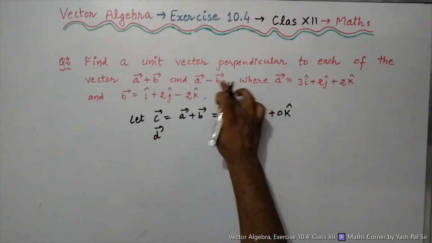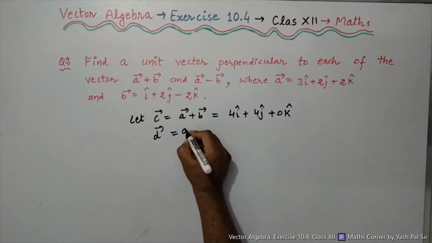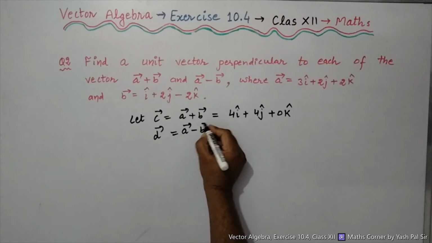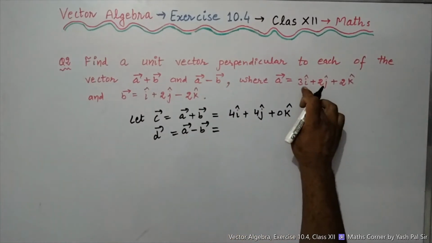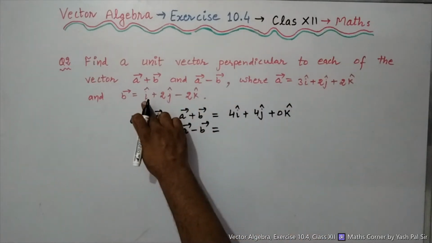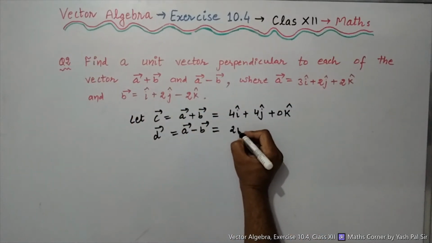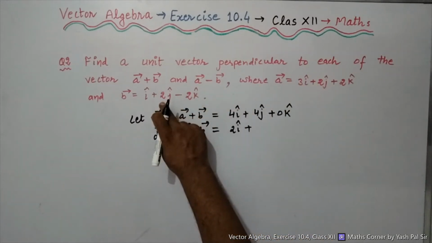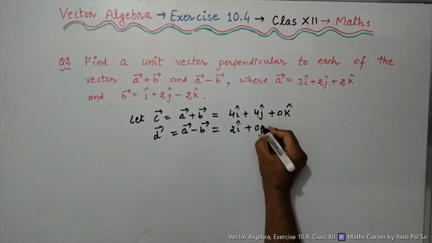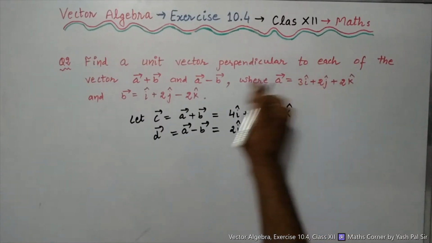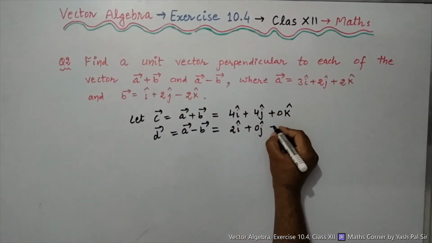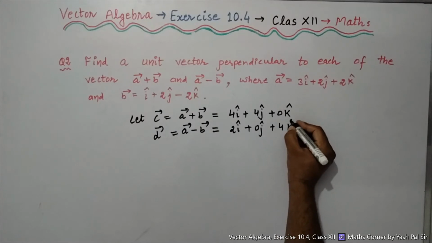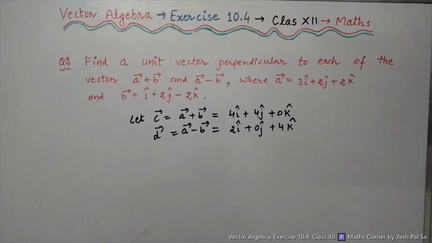Similarly, let d be the vector equal to vector a minus vector b. So this way we have 3i minus 1i is 2i, plus 2j minus 2j is 0j, 2k minus minus plus 2, is plus 4k.